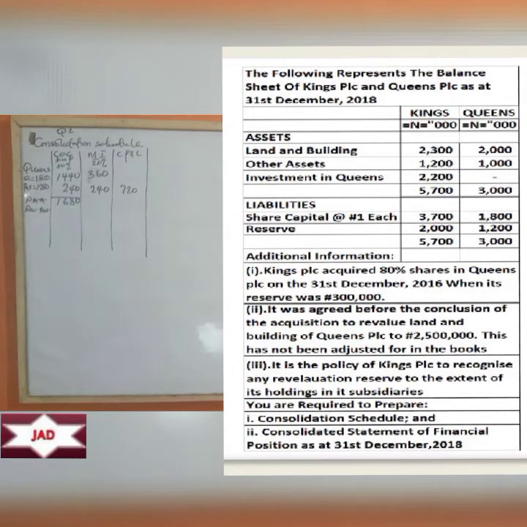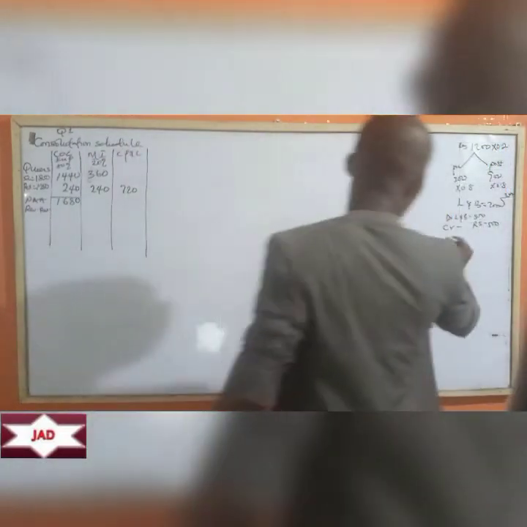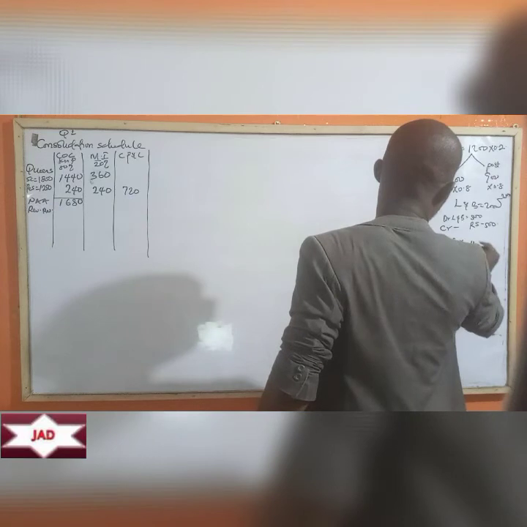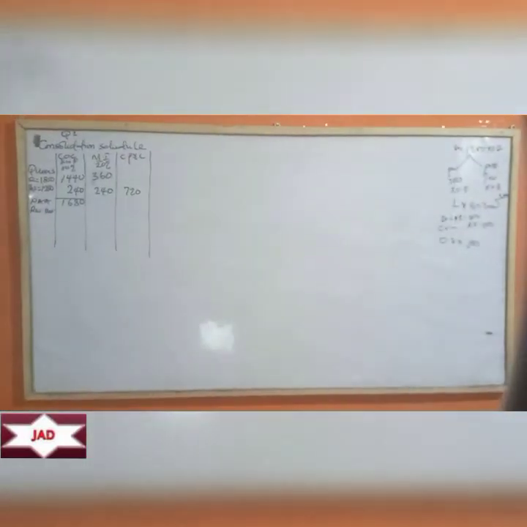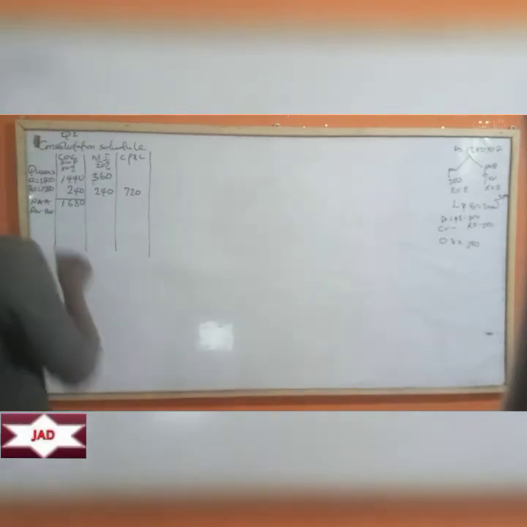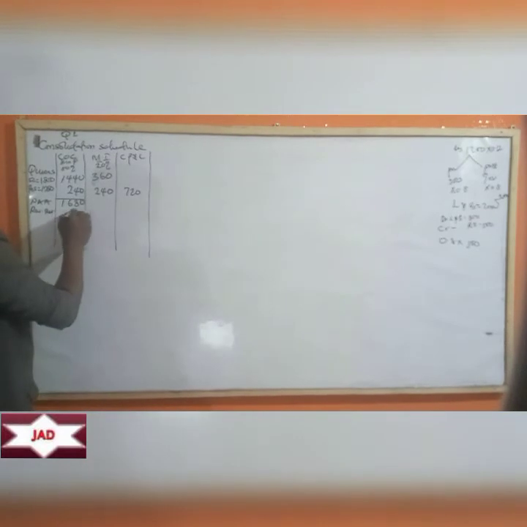So this is the group share only. So that will be 0.8 times 500. What's there? 400. So that means this will be 400.